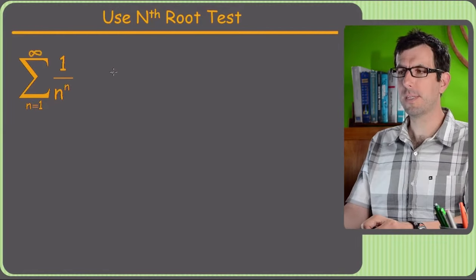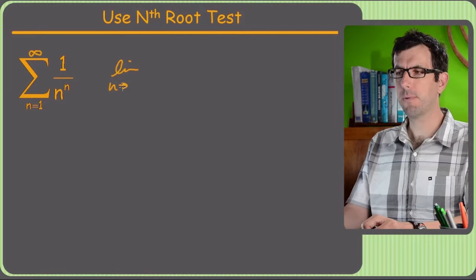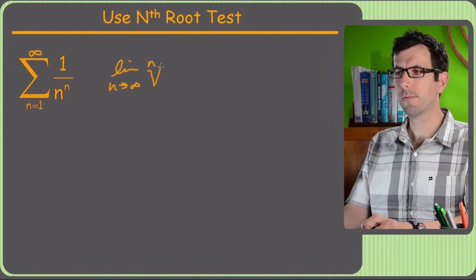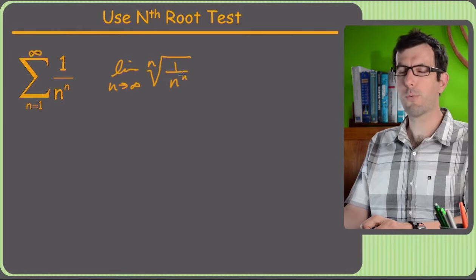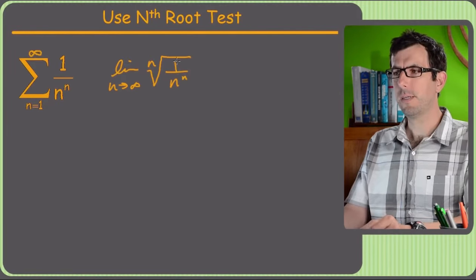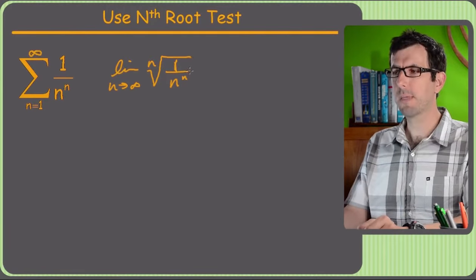So remember, this told us to take the limit as n approaches infinity of the nth root of this. And technically there's an absolute value around the formula here, but since n is positive, there's no way this could be negative.